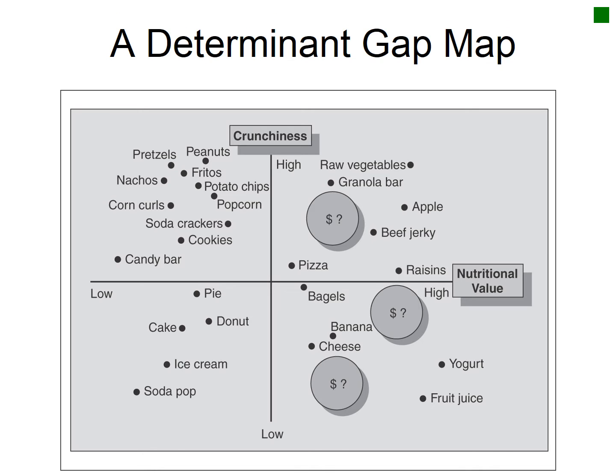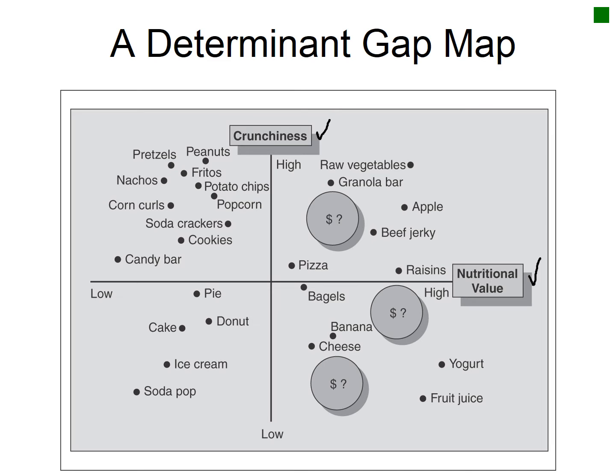So here we have two different components. We have something called crunchiness, and we have something called nutritional value. Now, the axes of a perceptual map are actually something that we call determinant attributes. That's a term that we'll use to describe the axes that make up a perceptual map.